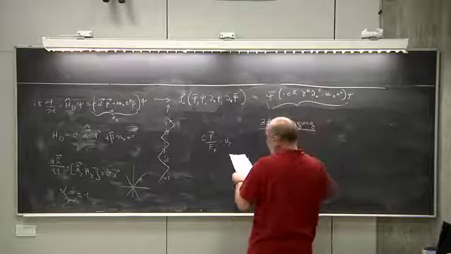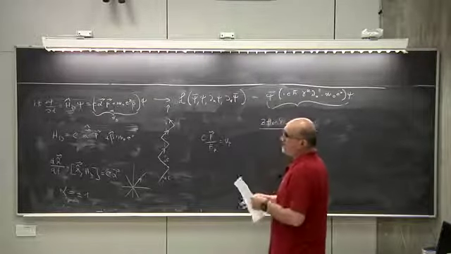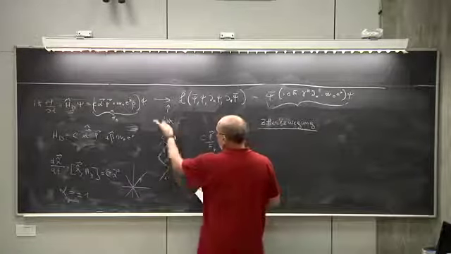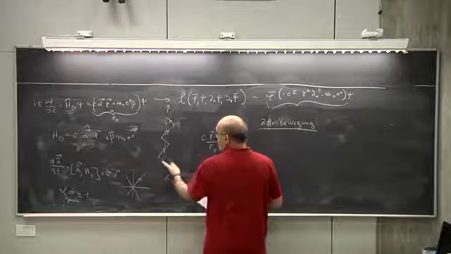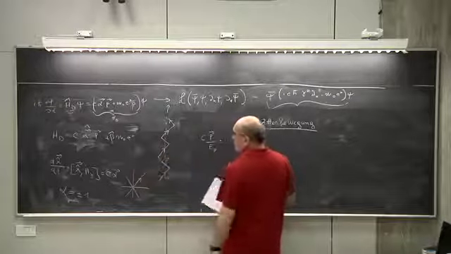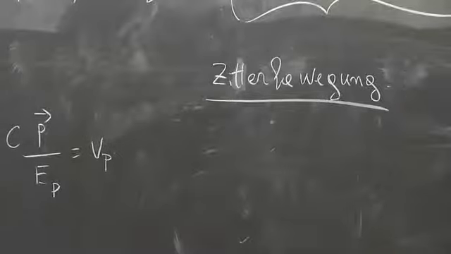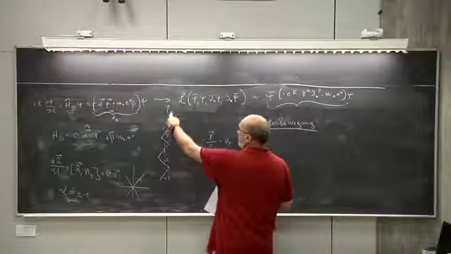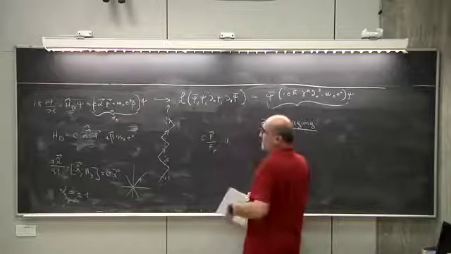In German, I don't know German, but it means trembling motion. It is the trembling motion of this particle that apparently moves at c, but keeps changing from c to minus c. And so this trembling motion around the true trajectory of an electron is called Zitterbewegung.